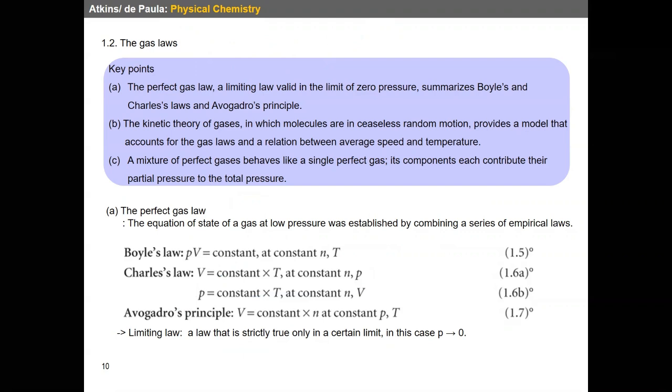And Avogadro's principle is that volume equals a constant multiplied by the number of molecules. This says that all gases have the same volume for 1 mole. But there is a limiting law that makes this principle true, which is the case where pressure approaches zero.